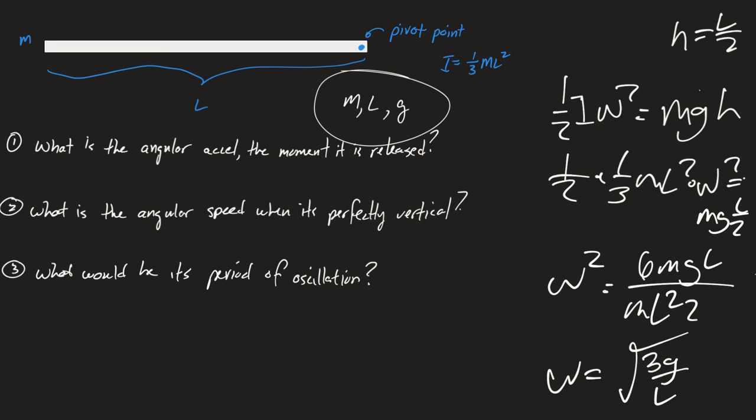No, I think you did fine. So that's going to be the angular speed as it swings down towards the bottom. Conservation of energy works here. So these are the things we've done in the past.